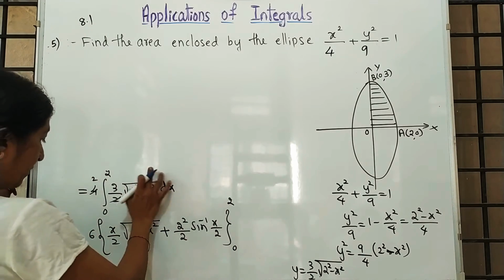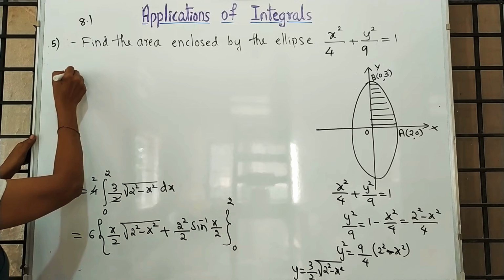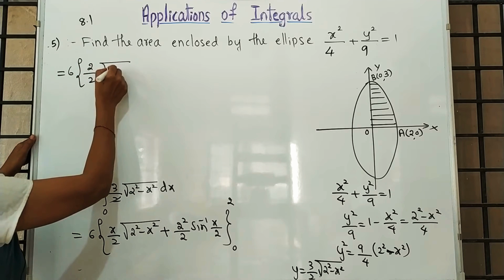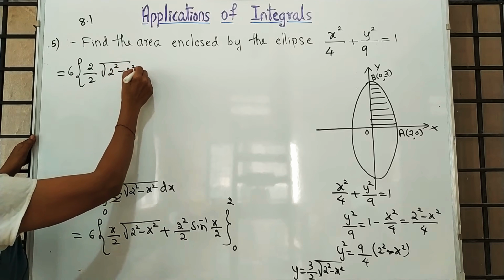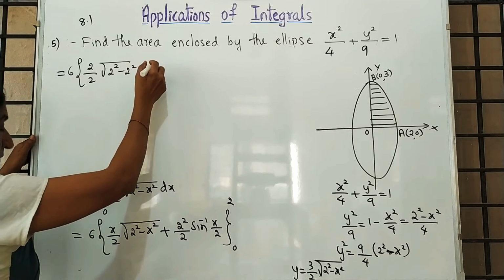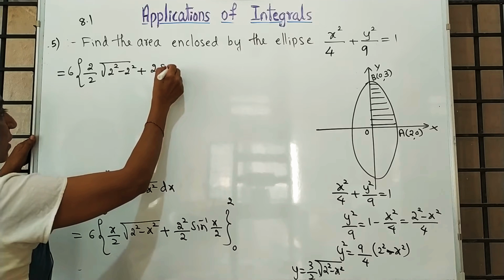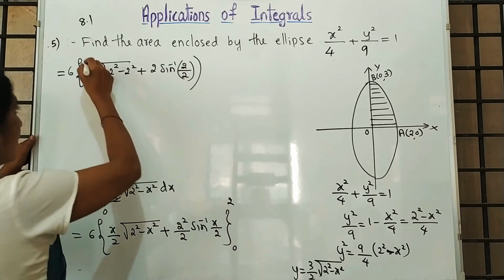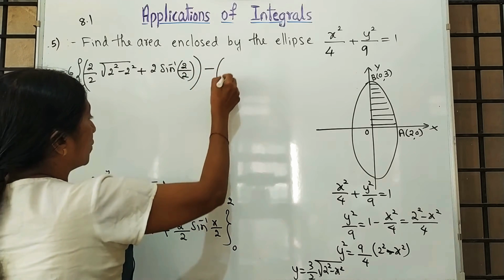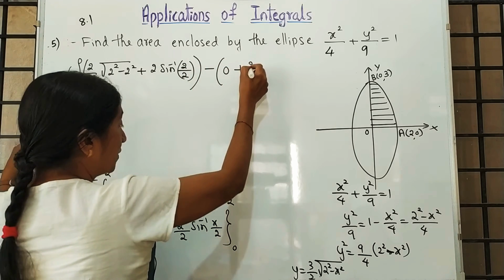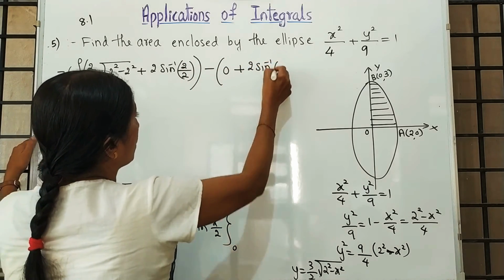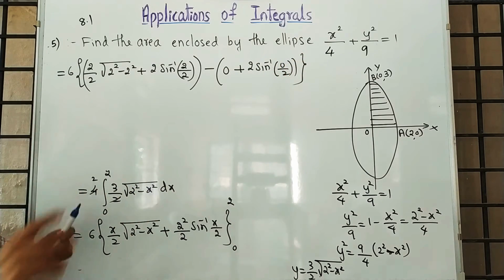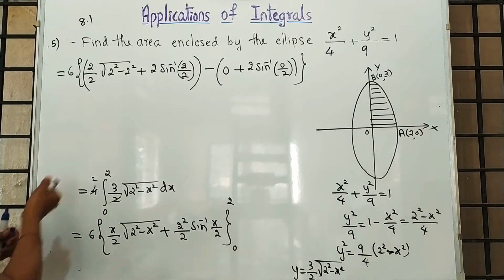Now write down the upper limit and lower limit. 6 as it is, 2 by 2 root of 2 square minus 2 square plus 2 into sine inverse of 2 by 2. This is the upper limit. Minus, 0 into anything is 0, plus 2 into sine inverse of 0 by 2. Now we are familiar, 2 square minus 2 square is 0.